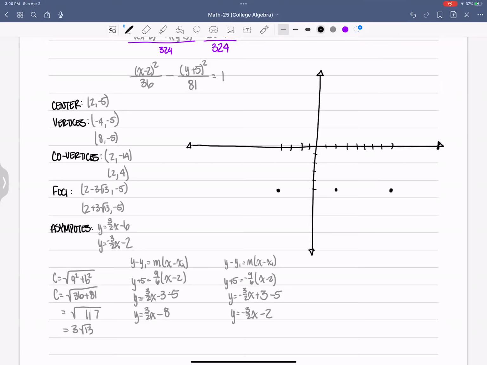So we're graphing those. Covertices, which we're not graphing. 2, -14. So up to 14. And up 4, 1, 2, 3, 4.